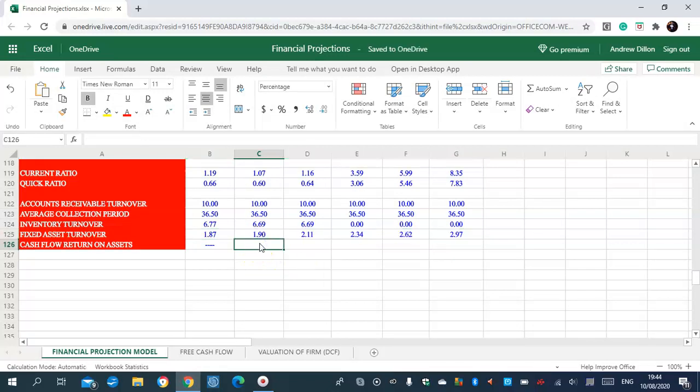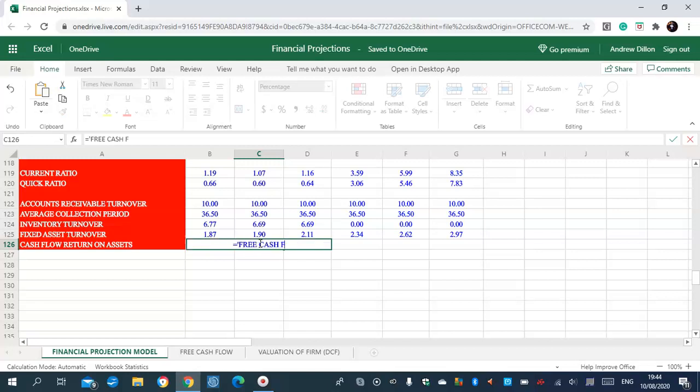Yeah, cash flow return on assets. Okay, here's how to get the correct answer for this sheet. This heading. Let's go. Cash flow, I'm relating the next sheet in.